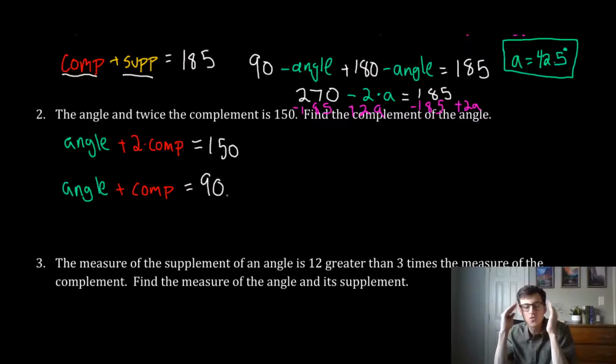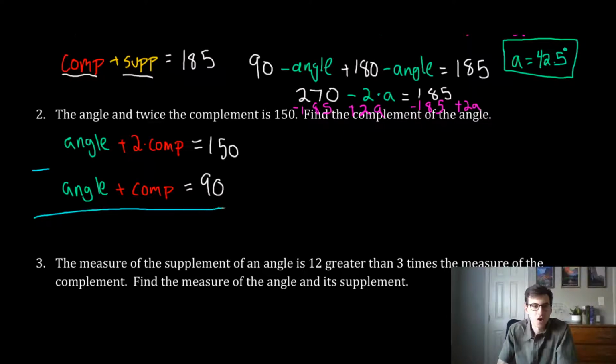Man, y'all, if you know how to solve systems of equations by elimination, this is almost too easy, right? I'm just going to do it, I can't resist. If we subtract this equation, angle plus complement equals 90, from this equation right here, or maybe just think about it.